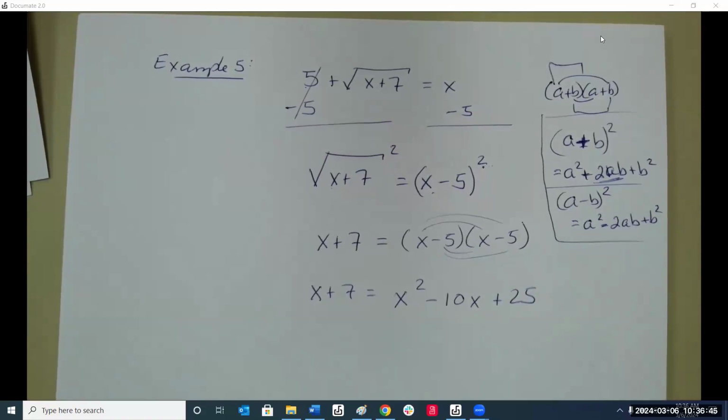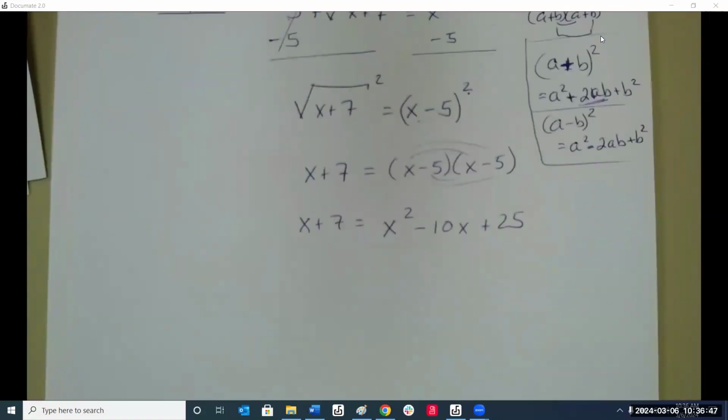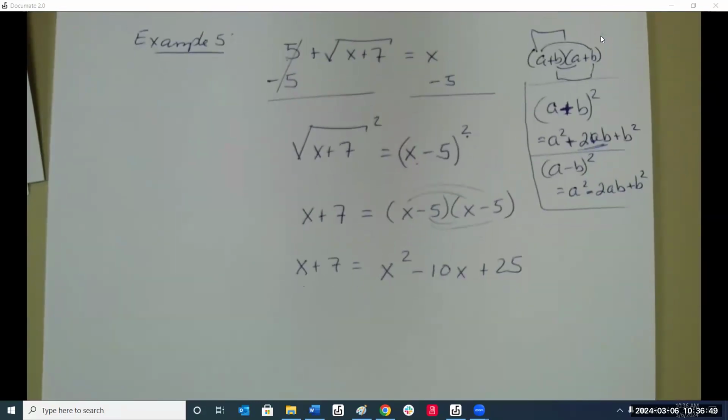Now what do you do? Move which one where? Well, since this is the x squared, this is the bigger side. We move this one to the other side.